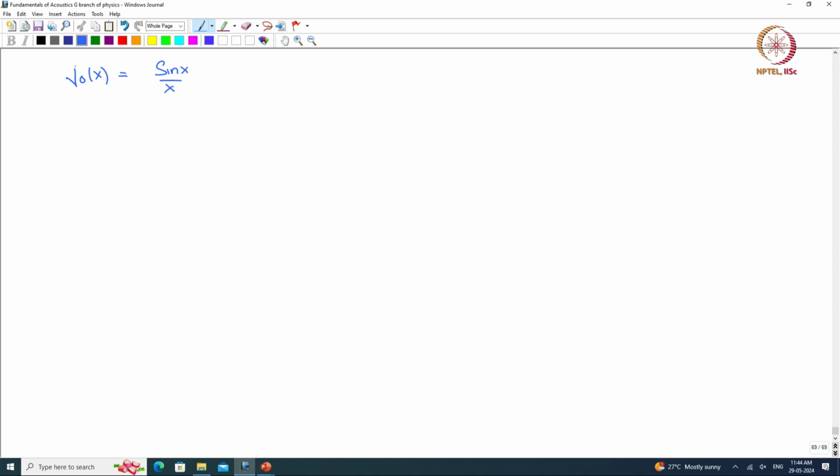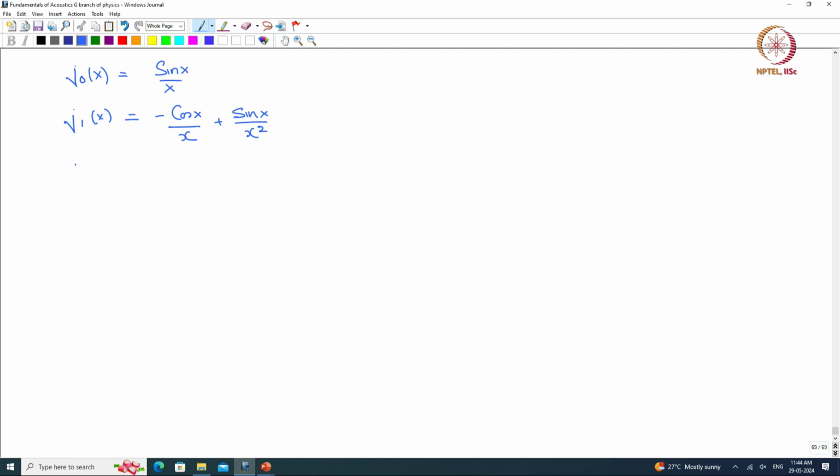That is why at x equal to 0 we have value 1. Then J1 of x has minus cos x by x plus sine x by x square.